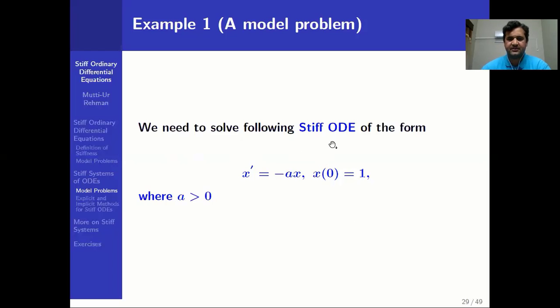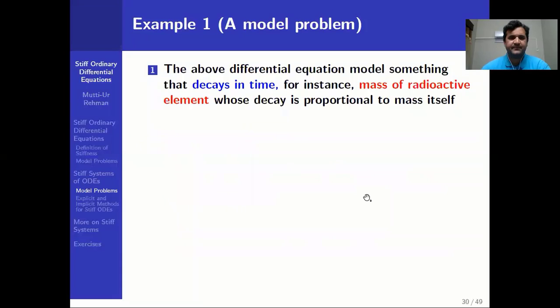Okay, so this is basically a stiff ordinary differential equation, and this differential equation model is actually something which decays in time. For instance, for a better understanding, you can take the mass of some radioactive element, and you know that with the passage of time, the change in the mass is related to the original mass, which is initially present.